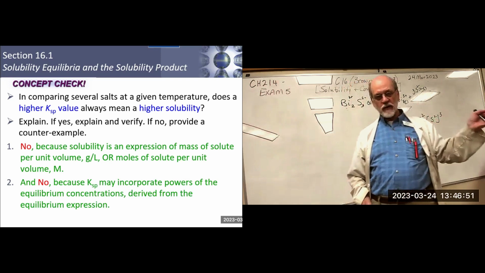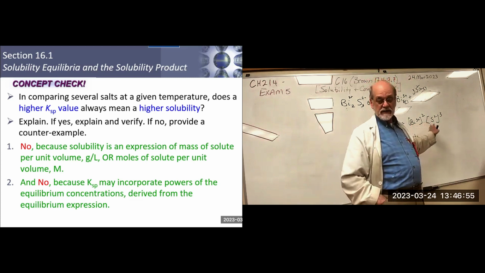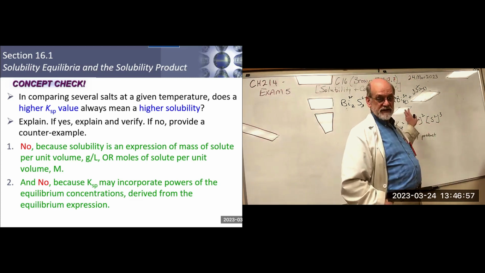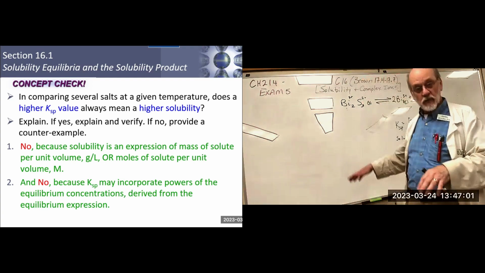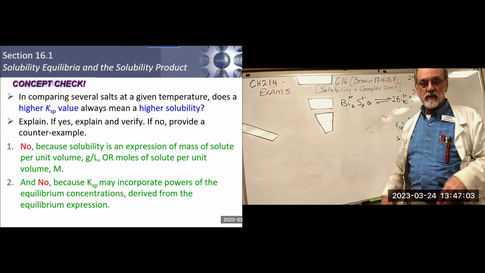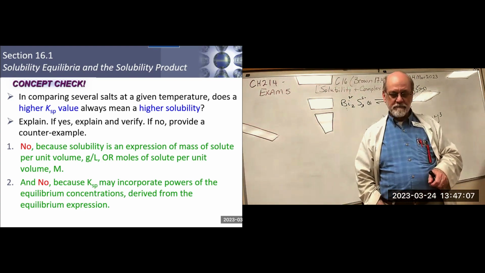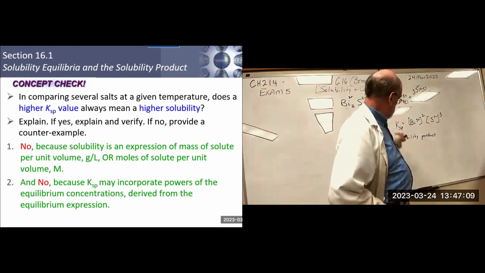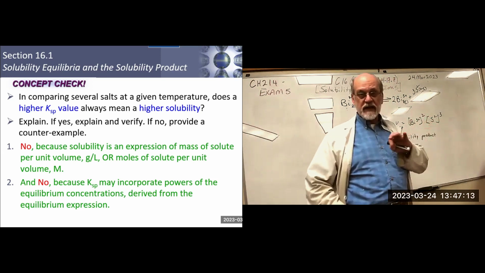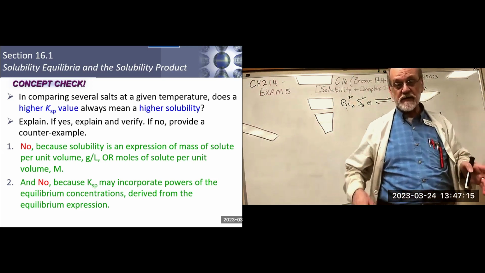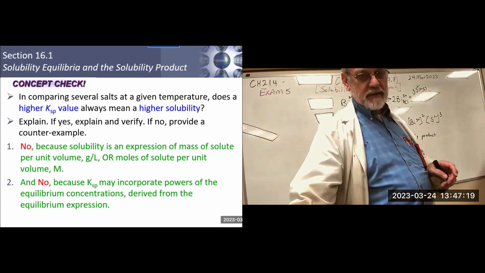Just like any equilibrium expression, you have these powers, and as a consequence, we don't assign any units to the K value, whereas the solubility will have units associated with it. Now we can use this and some other information to determine the solubility, and that's one of the things we're going to do in a few minutes. They are related, but they're not the same.